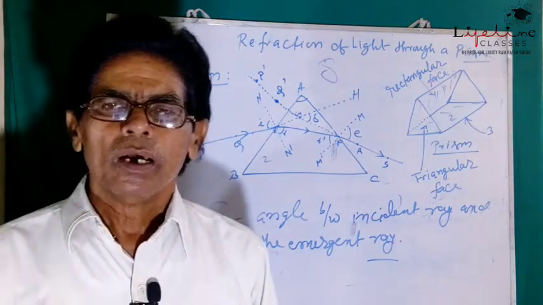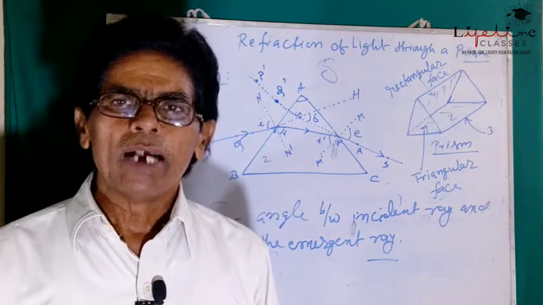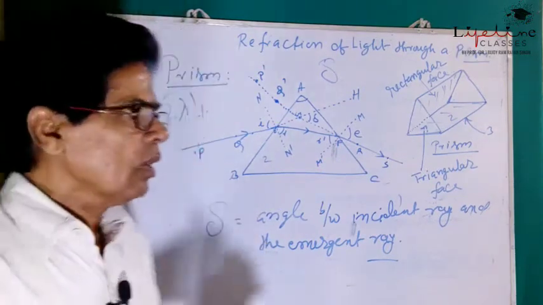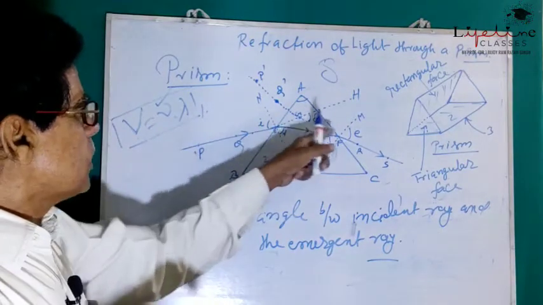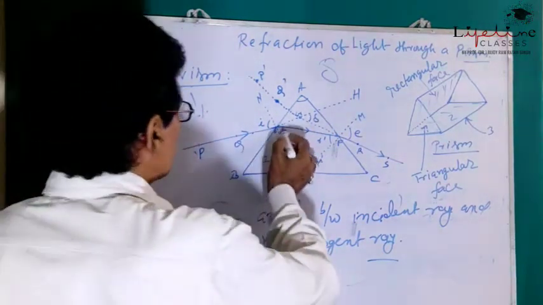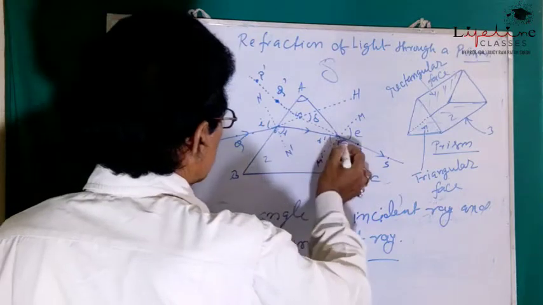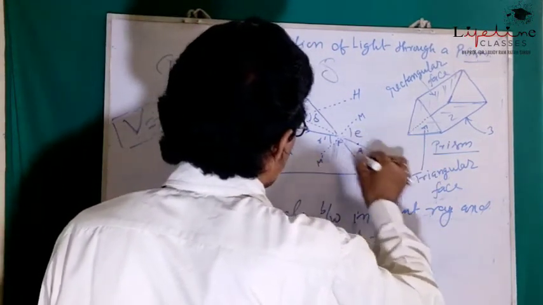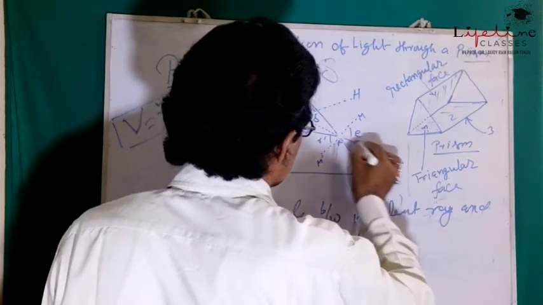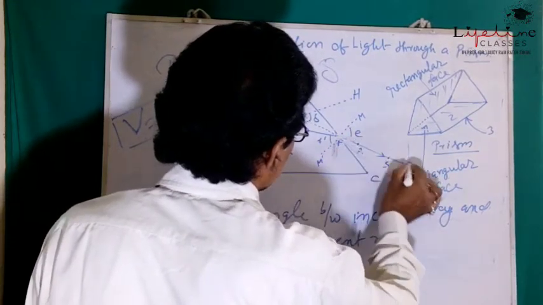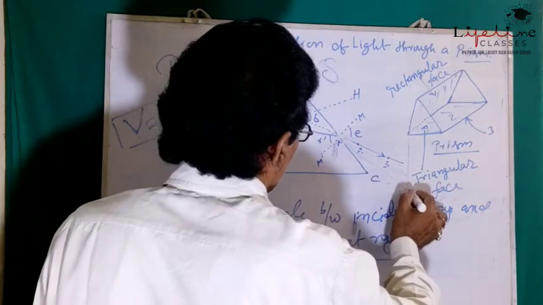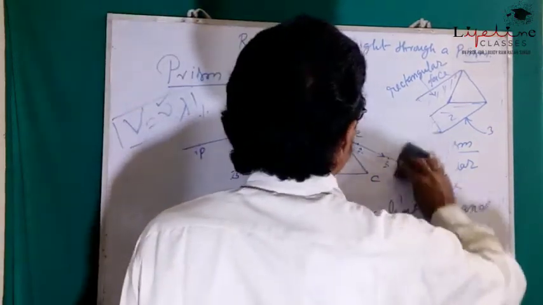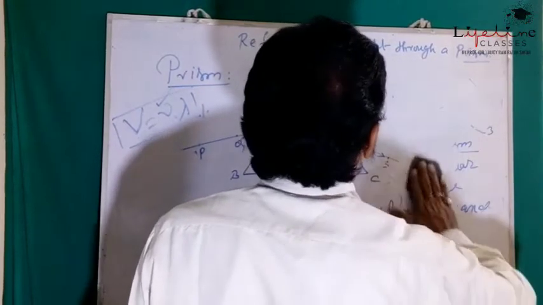So let us try to understand the dispersion of light. When light passes through the prism, it gets deviated from its path and forms a band of 7 component colors like this.